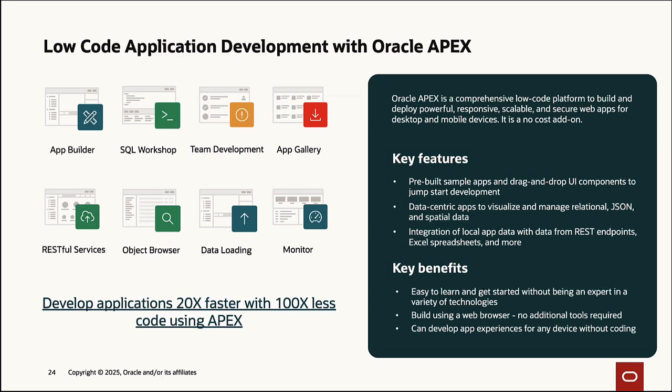So if you want a semi-scratch approach instead of building from scratch, that's also possible. Of course, REST APIs are possible with APEX, and you can load your data into APEX as well, and monitoring services are also available to you. But at the end of the day, you're able to develop applications much faster with APEX than you would if you were doing the more traditional approach. And this all leverages the autonomous database.